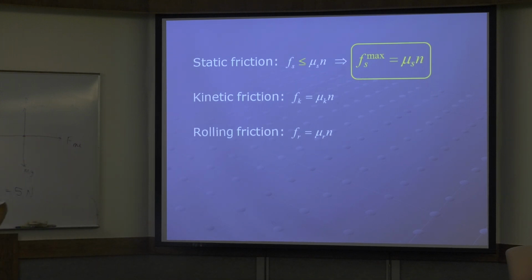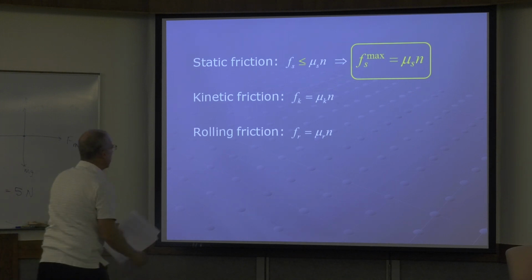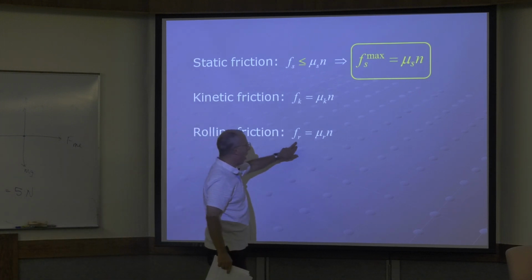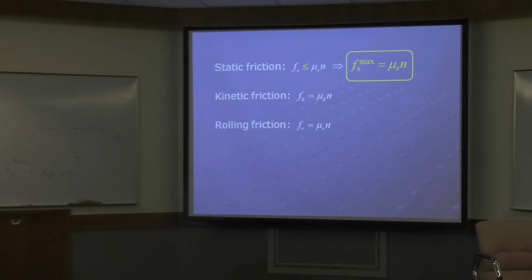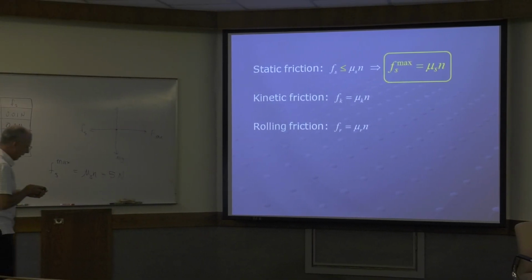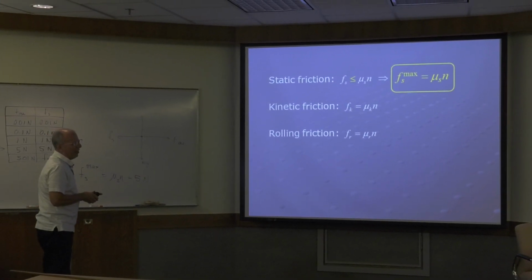Rolling friction. Have you ever tried to ride a bicycle with a flat tire? Doesn't work really well, does it? So rolling friction, Fr equals mu Rn. So you can see that all of these frictional forces, they're all the same pattern, right?